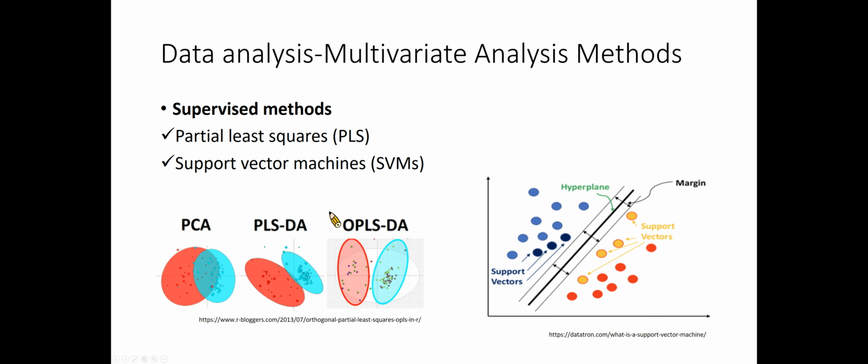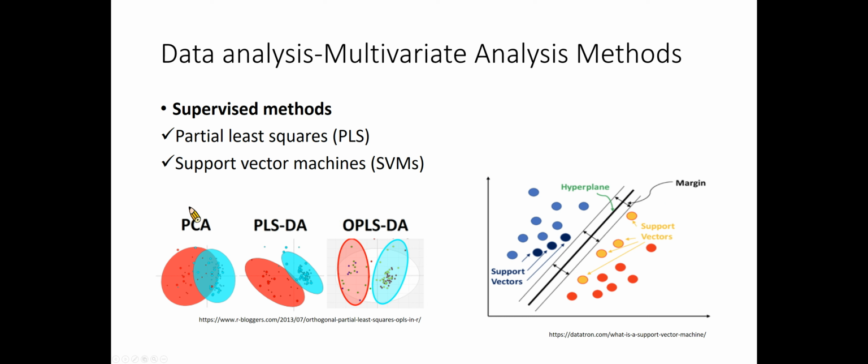Classification of metabolomic samples is commonly performed by fitting the discriminant analysis versions of PLS and OPLS models. The performance of PLS and OPLS models has been extensively compared, but to date there is no agreement as to which of the two methods is superior.